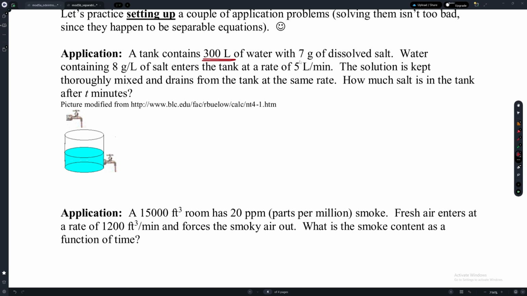In the 300 liters, we have 7 grams of salt. Water containing salt enters the tank, so we have 8 grams per liter entering the tank, at 5 liters per minute. The solution is kept mixed, and it exits at the same rate, 5 liters per minute. Actually, maybe not 8 grams per liter, because we have a different concentration, since we have that 7 grams initially. So how much salt is in the tank after t minutes?